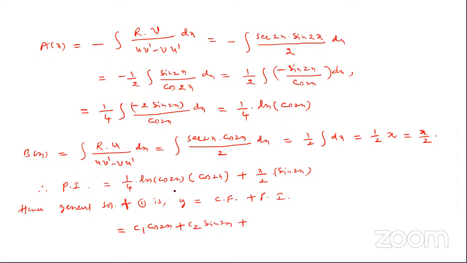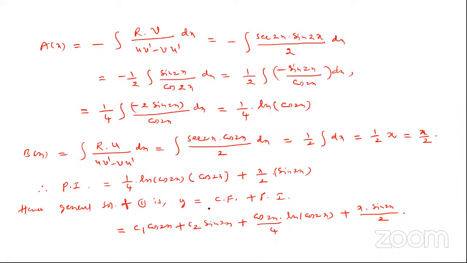Plus the particular integral just above, that is cos 2x into ln of cos 2x divided by 4, plus x into sin 2x divided by 2. So this is the general solution of the given second order linear differential equation, that is (D square plus 4) y equal to secant 2x, by the method of variation of parameters.